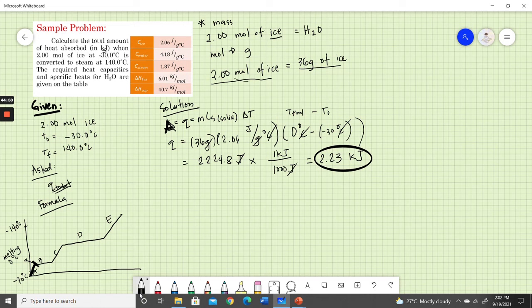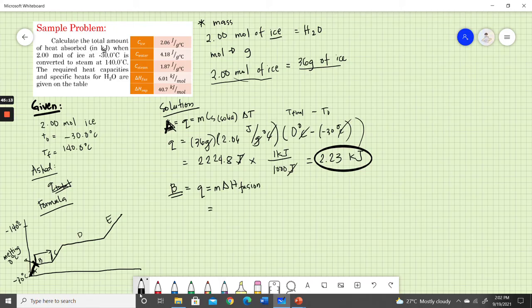Okay, now let's move to B. We are now talking about the segment at point B. If you remember, the equation that we use is basically Q is equal to M delta H of fusion.